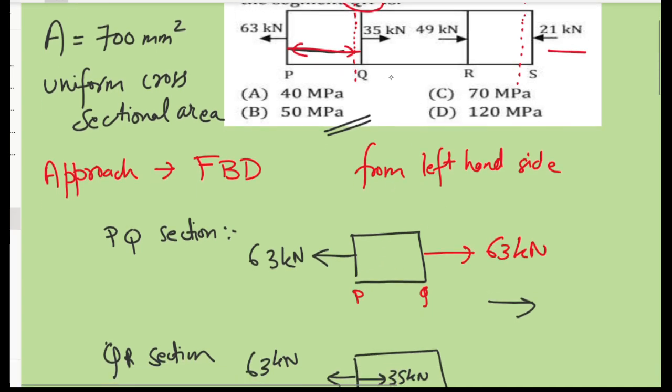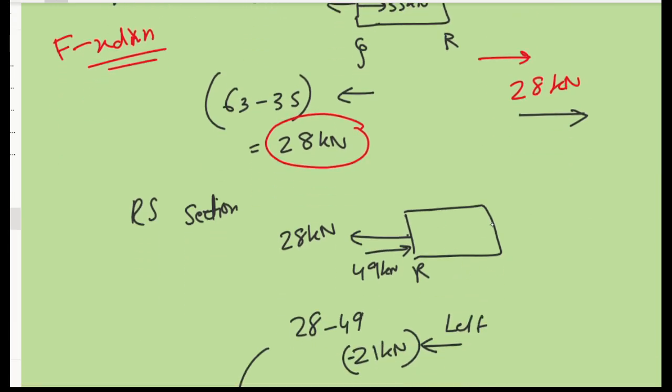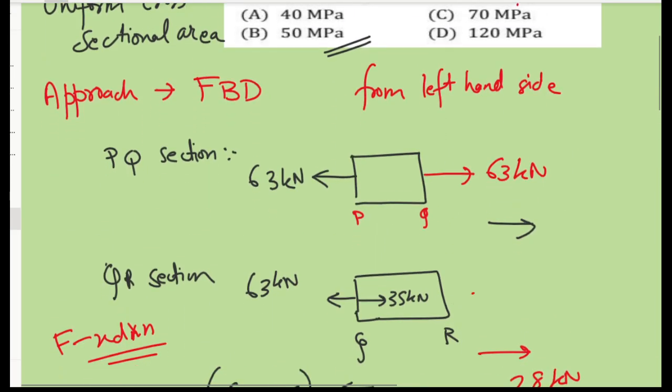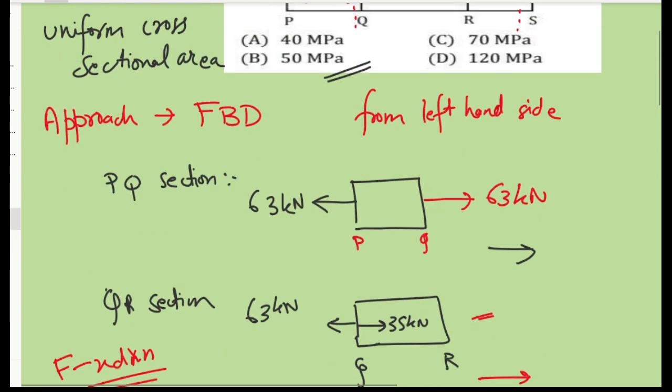For the next section, we will include the forces in that section up till point R, but just before point R. Okay, but 49 we can see is acting at R, and that's why we haven't included the 49 kilonewton force in this FBD. Okay, and this was acting in the last section. Okay, guys, thank you. This was a great learning for us, and it will help you solve questions.